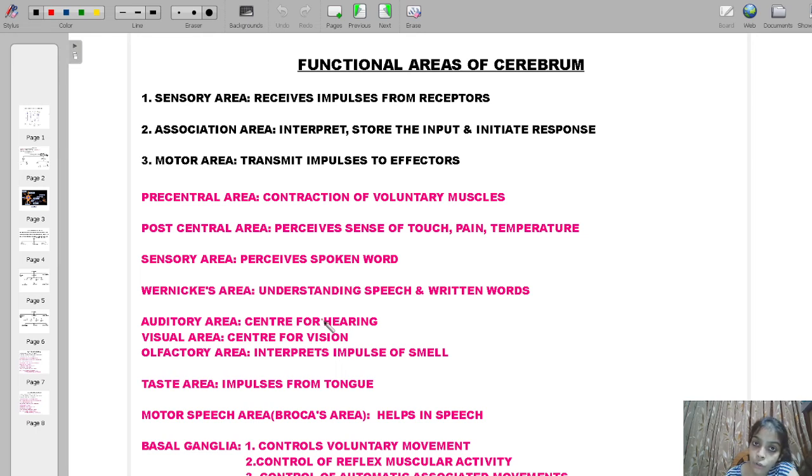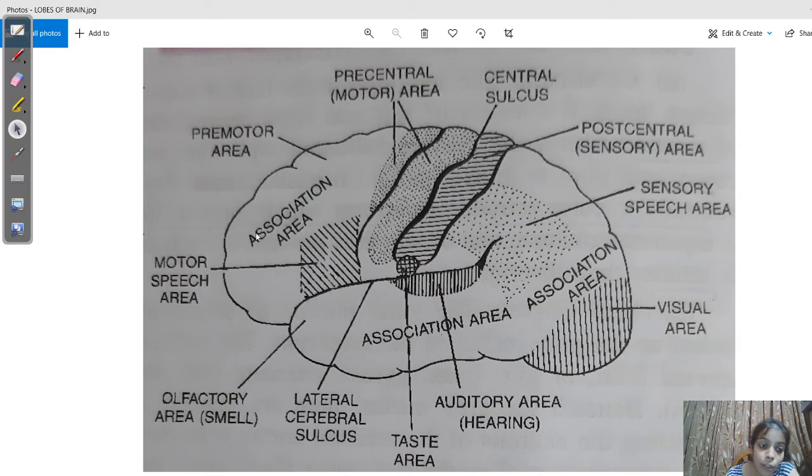Now, sensory areas, if I go back to that picture: the sensory speech area helps us to understand the spoken word. I am speaking now, you will be watching the video and trying to understand what I am speaking. Who will do that work for you? The sensory speech area of your forebrain.